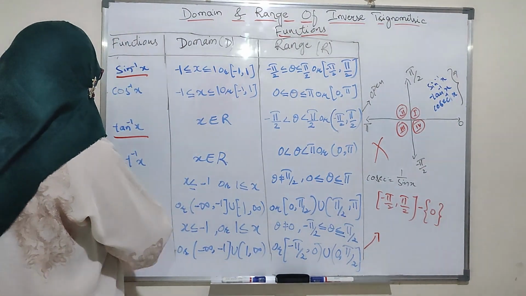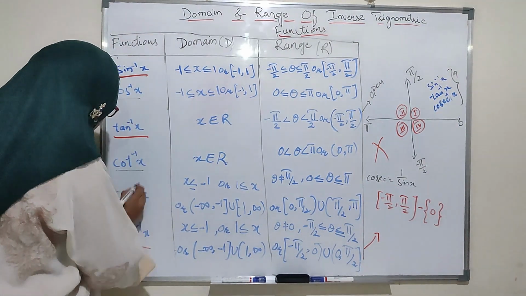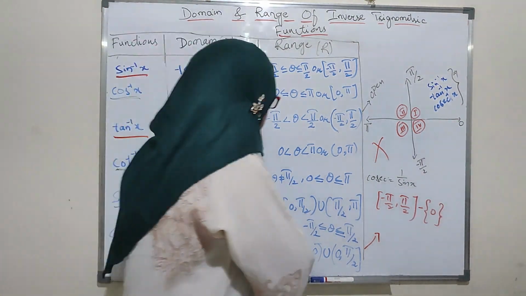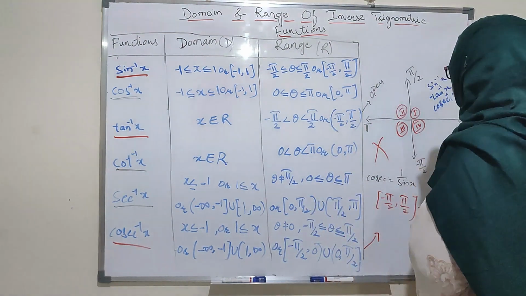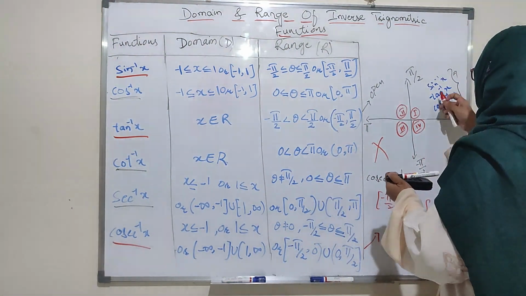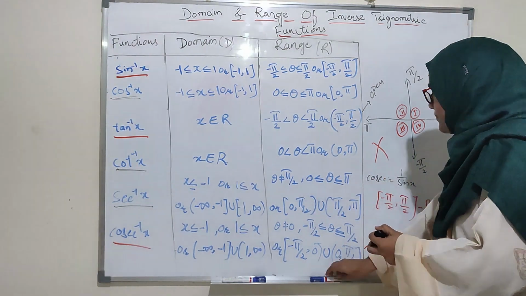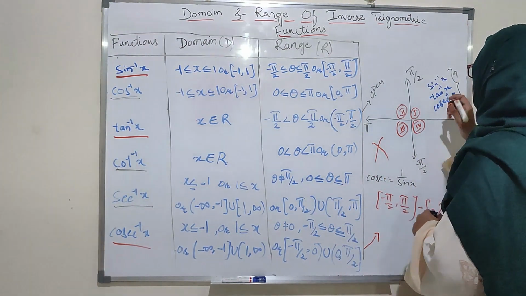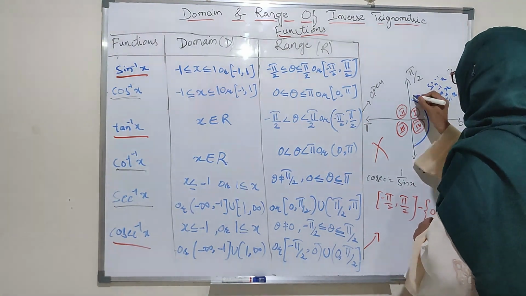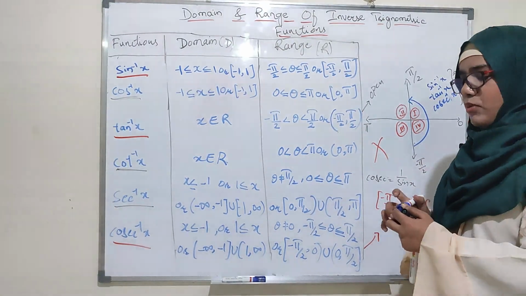The remaining inverse trigonometric functions are cosec inverse, cot inverse, and sec inverse. These three groups lie in between minus pi by 2 to plus pi by 2.